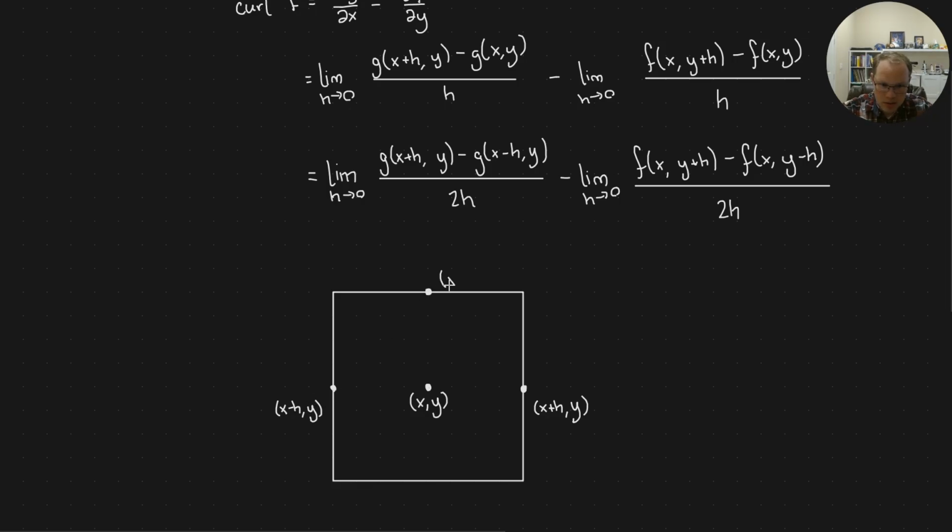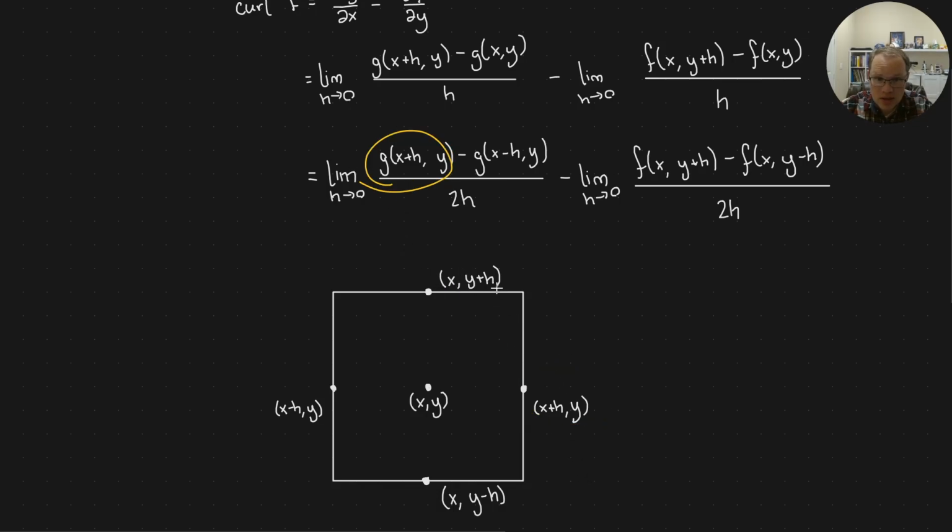And x, y plus h and x, y minus h, top and bottom. And what we want to do is find out what each part of this is measuring at these different points. Let's start with g of x plus h, y. So that'll be this point here.